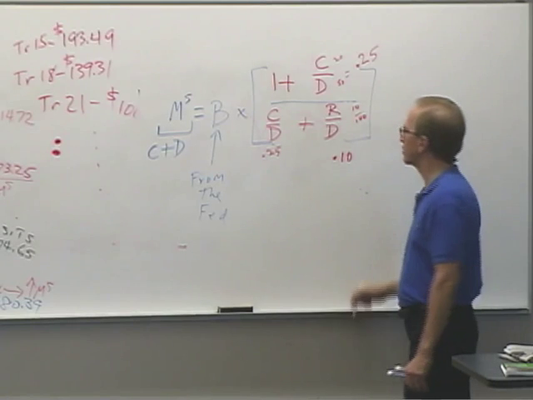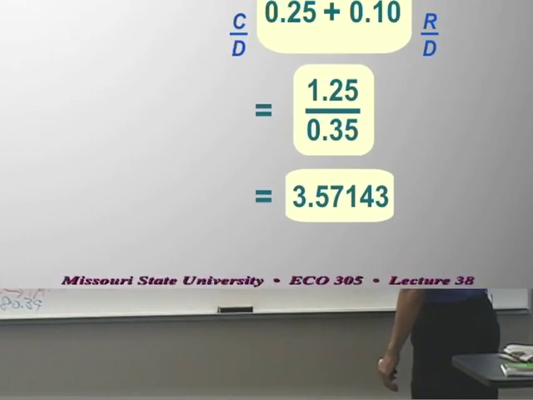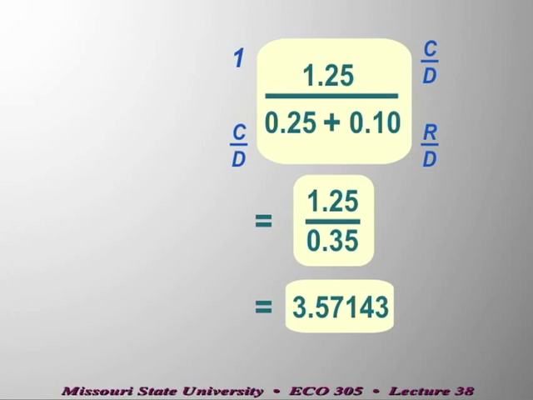And now get your calculators out. So here's what we have. B, this is from the Fed, $1,000 times 1.25 over 0.35. How much is 1.25 over 0.35? $3.57.